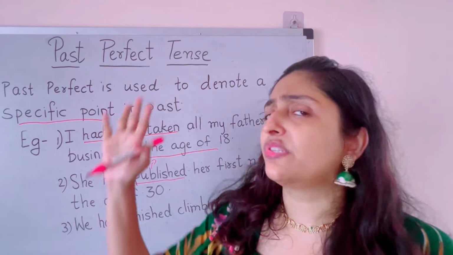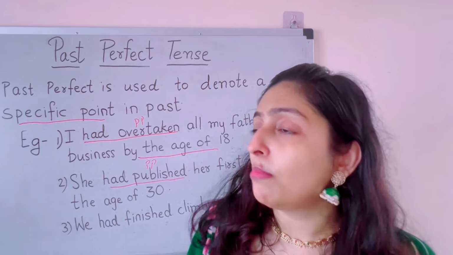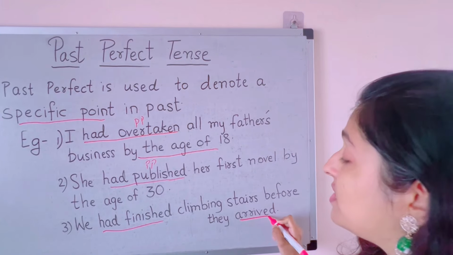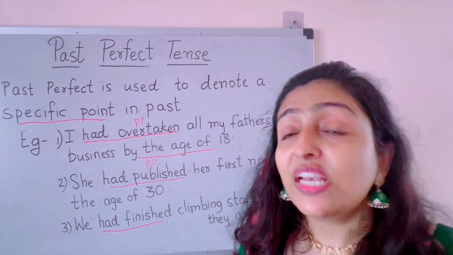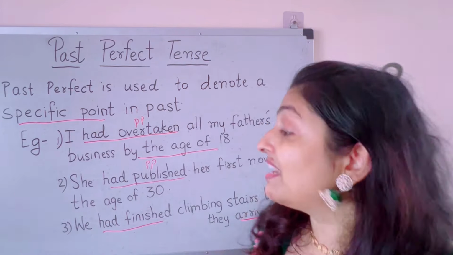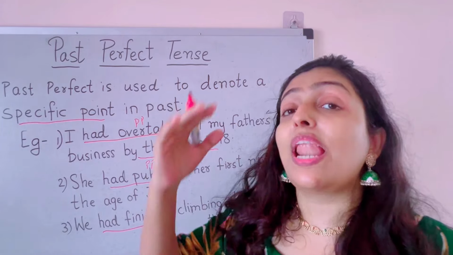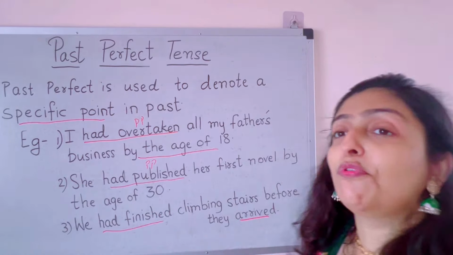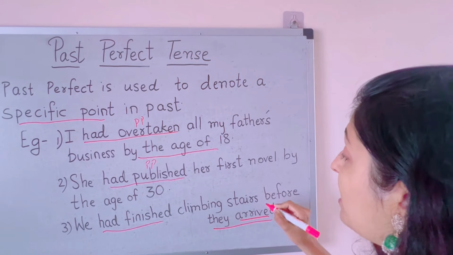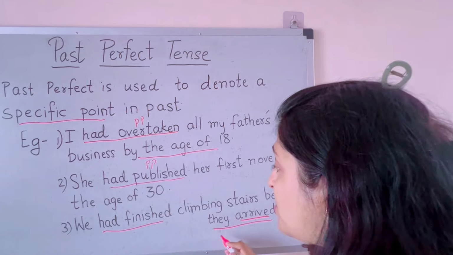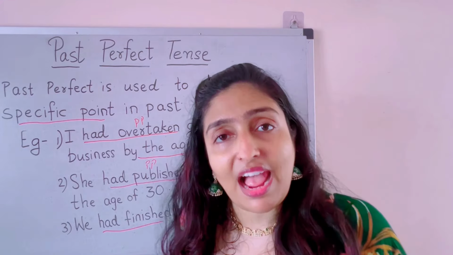This example is the same we saw in rule number 1. This is in past perfect and this is in simple past. So what is the maximum amount of time taken by us to climb the stairs? The time just before they arrived. So here the specific point of time in the past is their arrival.